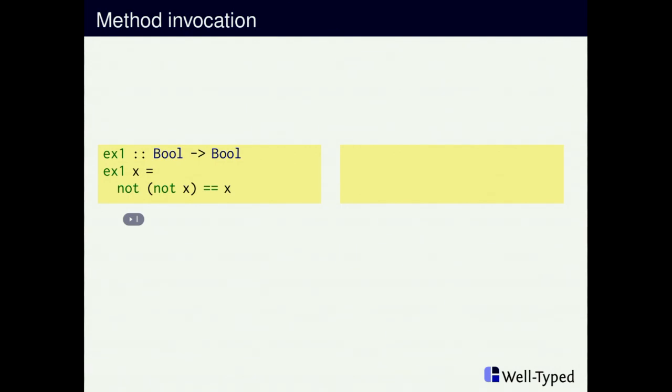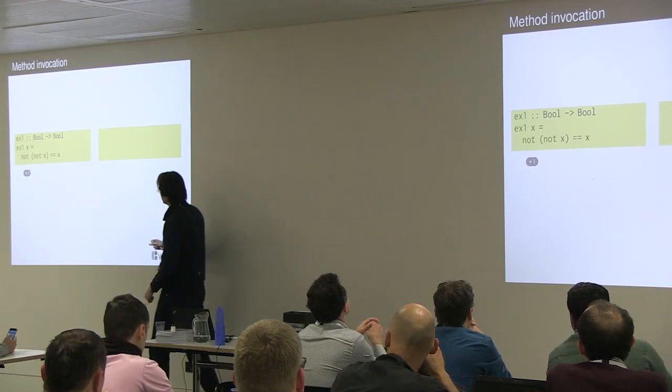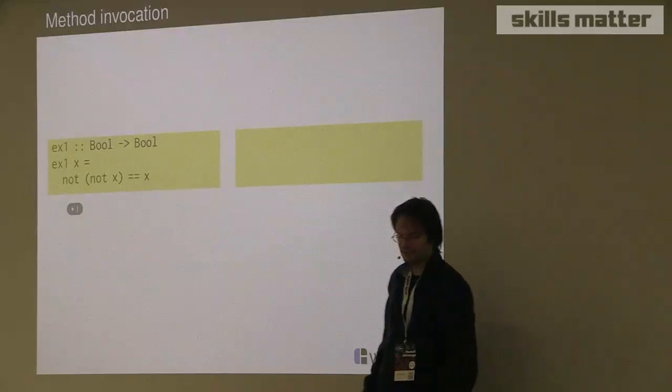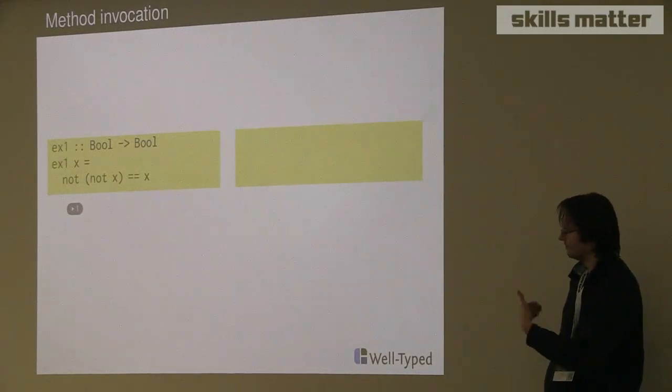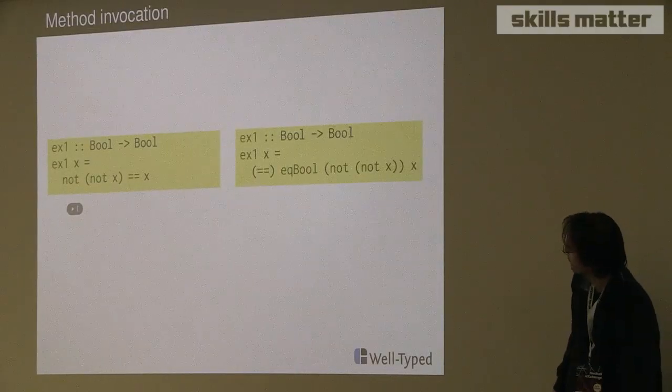So let's see more. So method invocation. If we have an example, one like a call to equals equals, where we use the operator on the Boolean type, well, equals equals is a record selector, as we have seen, and we have to pass a record of type EQ something, and in this case we want to use equality at the type Boolean, so we have to pass in the record of type EQ Boolean that we have just defined.